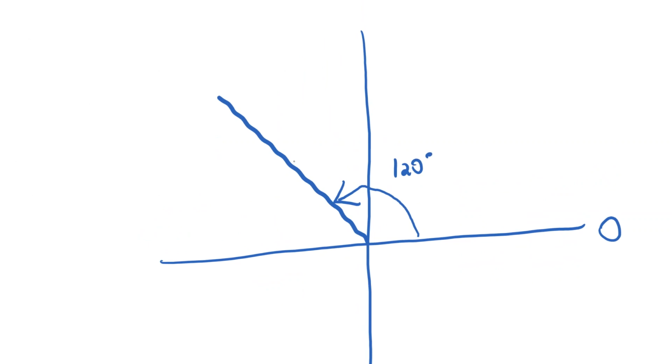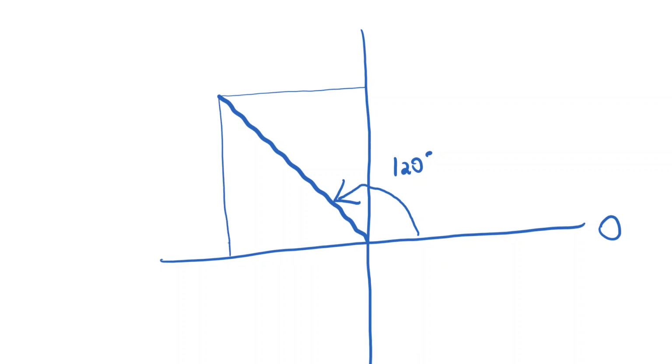So this is our hypotenuse. Now we need to connect to the x-axis at 90 degrees. This is where you've got to remember, you're either going to connect this way to get a 90 or this way to get a 90. We don't want to connect to the y-axis.